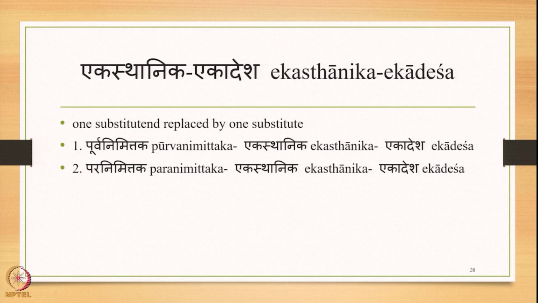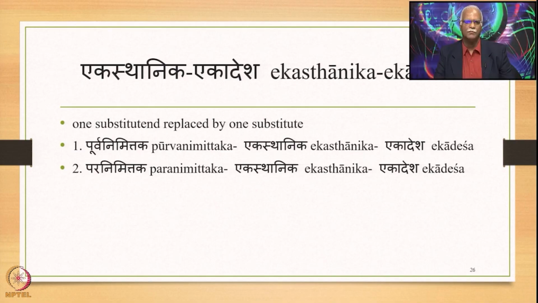This is the most frequent type of Hal Sandhi, where there is one substituent which is replaced by one substitute. This is also of two types, Purvanimittaka Ekasthanika Ekadesha and Paranimittaka Ekasthanika Ekadesha.